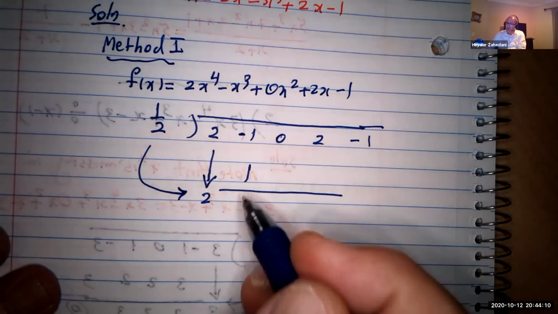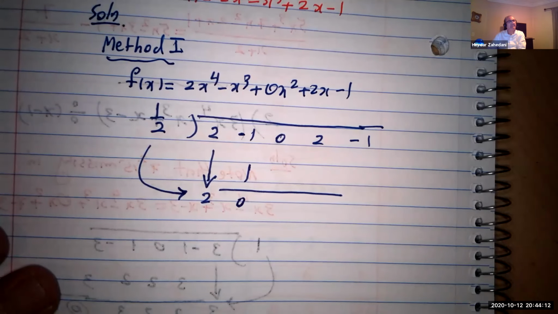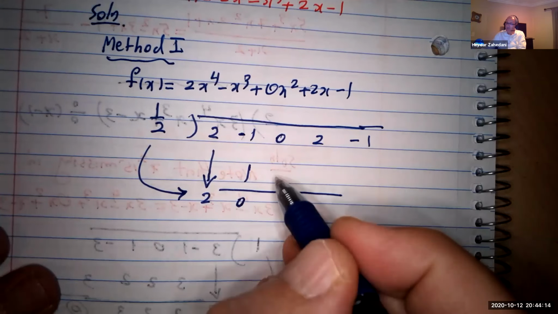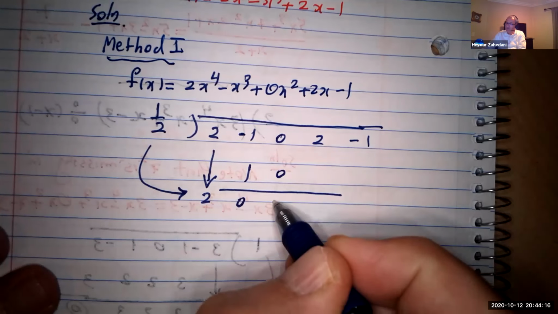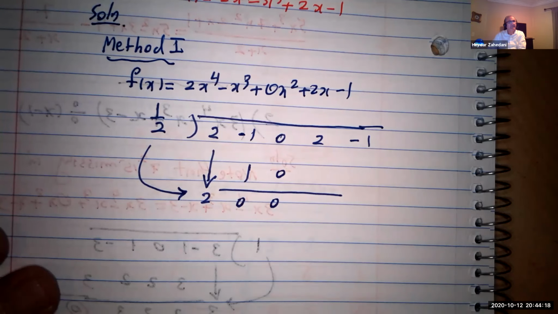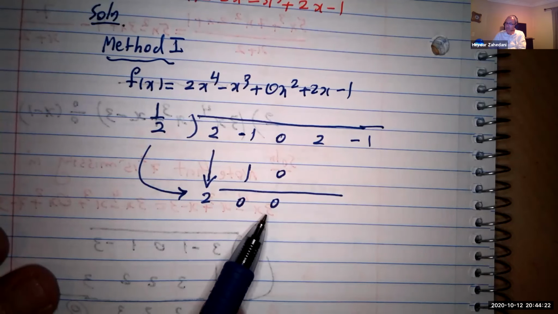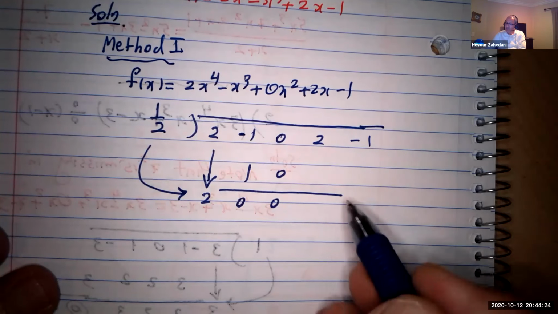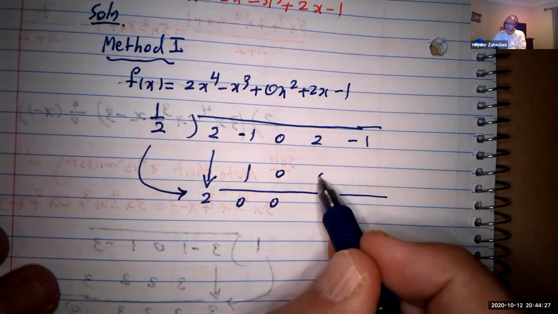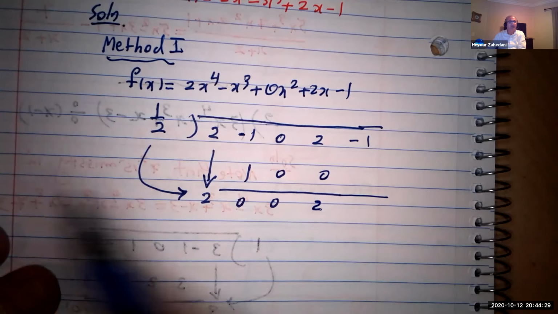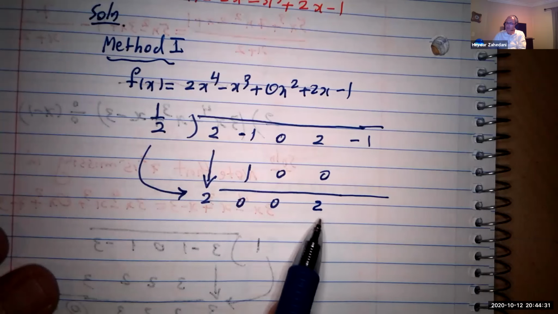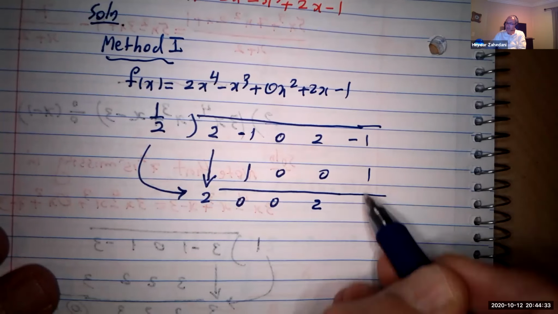You add them together, that gives 0. Then 1/2 times 0 is 0, so that gives 0. 1/2 times 0 is 0, so that gives you 2. 1/2 times 2 is 1, and that gives you 0.